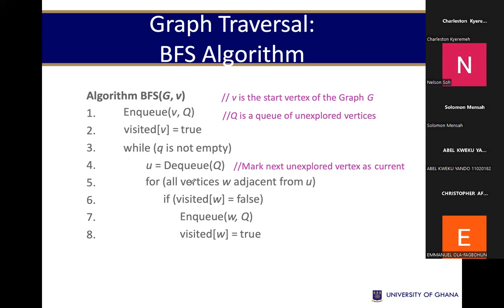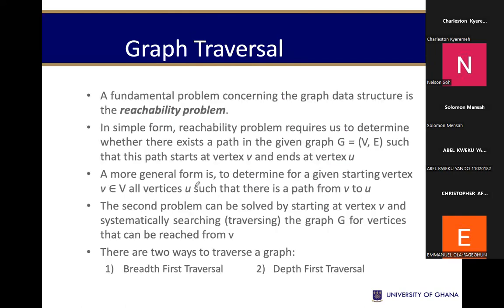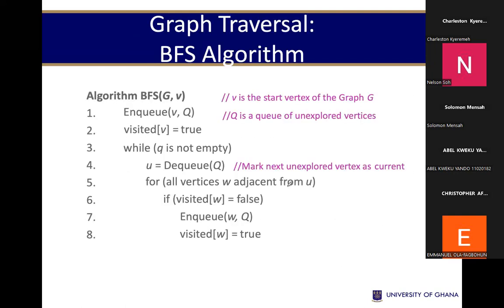For all vertices W adjacent from U, if W is not visited, in other words, if W visited is false, we are going to enqueue W at the back of the queue, which is going to be the next to visit, until that particular W is serviced or removed at the front of the queue and visited. And remember, when it's about to get visited, we have to check if it has other adjacent nodes, so you place them at the back of the queue.